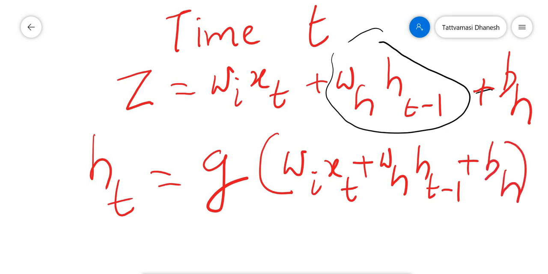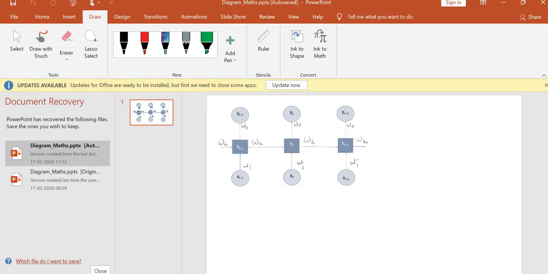This is for timestamp t; in the same way you can write the equations for t-1 and t+1 as well. Now, for the same time t, I am writing the equation for the output y(t). You can see what the output is.